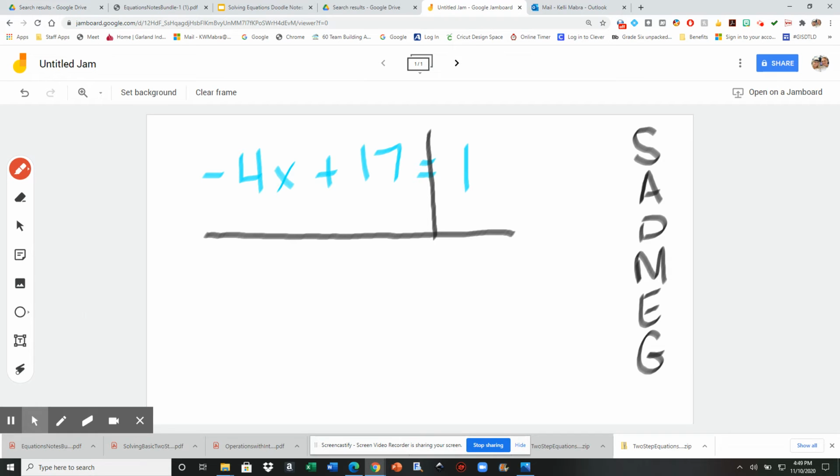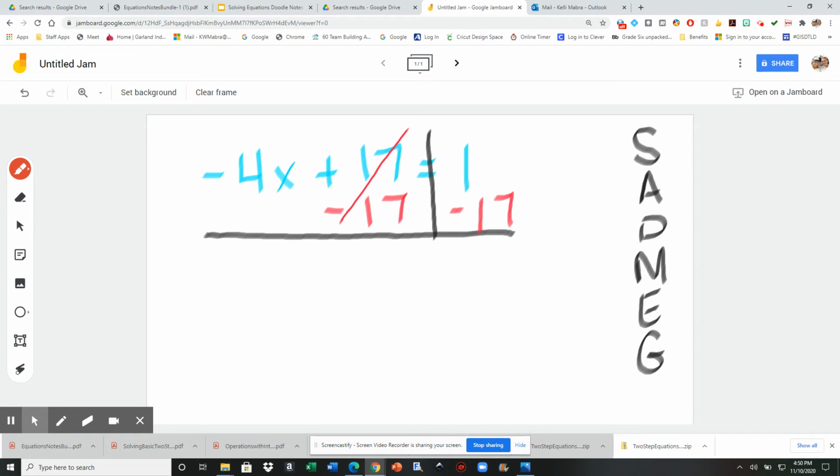Okay, so the first thing I'm going to do is look at this and say, do I have any adding or subtracting? Yes, I do. I have plus 17. So how do I undo plus 17? Well, I'm going to subtract 17 from both sides. So this cancels out.